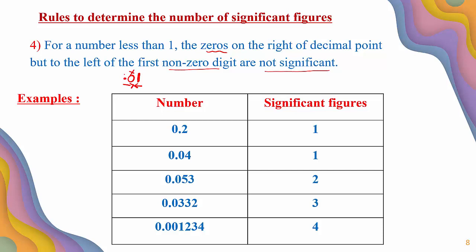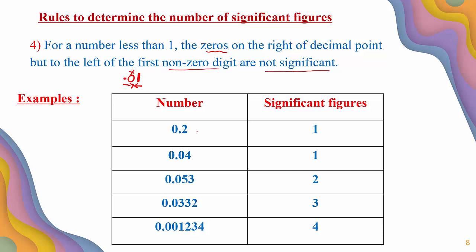Is it clear? What is the fourth rule? For a number less than 1, the zeros on the right of the decimal point but to the left of the first non-zero digit are not significant.